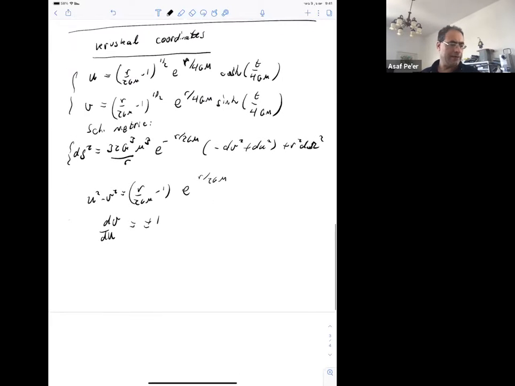Now we said that in these coordinates, radial null geodesics, with ds equal to 0 and d omega equal to 0, are curves where v is equal to plus or minus u plus some constant.